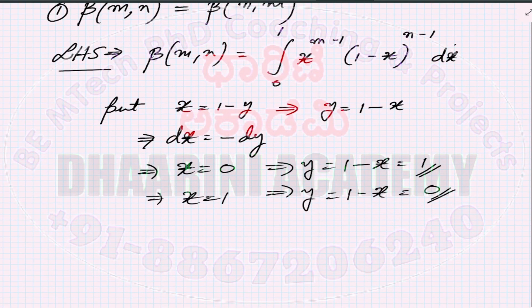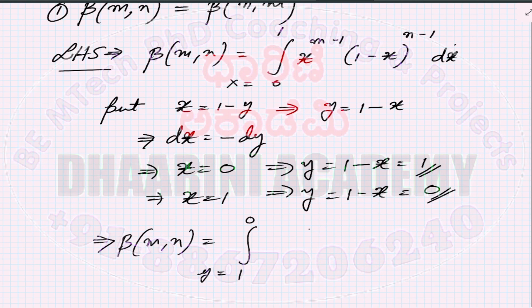So I should indicate the same thing in my integration. The left hand side is still equal to beta of m comma n. I'll write that once again. So beta of m comma n is equal to, now you see the limits have been changed. It is 1 to 0 because now I am writing in terms of y. So this is y equal to 1 to 0. I'll write at the top just to indicate that this was x equal to 0.